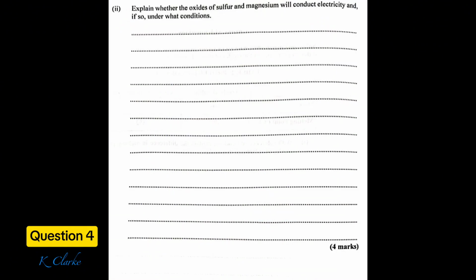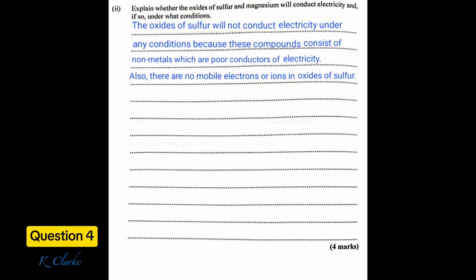Part 2. Explain whether the oxides of sulfur and magnesium will conduct electricity, and if so, under what conditions. The oxides of sulfur will not conduct electricity under any conditions because these compounds consist of nonmetals which are poor conductors of electricity.